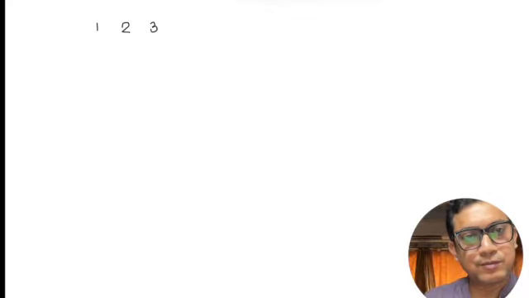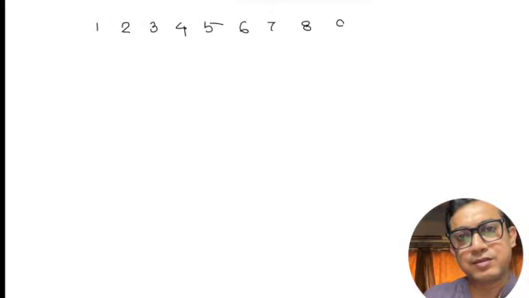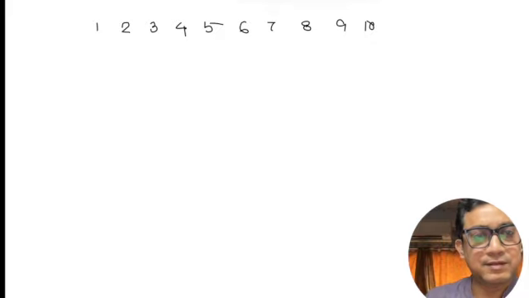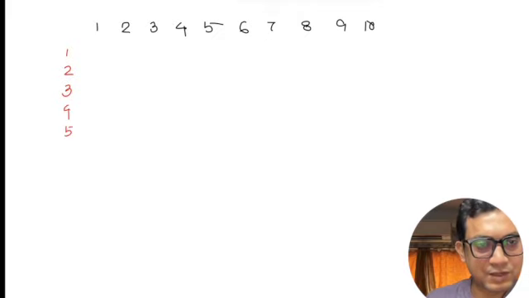So take the first door, the second door, the third door, the fourth door, the fifth, the sixth, the seventh, the eighth, the ninth, and the 10th door. And these are the persons: the first person, the second, the third, the fourth, the fifth, sixth, seventh, eighth, ninth, and 10th.